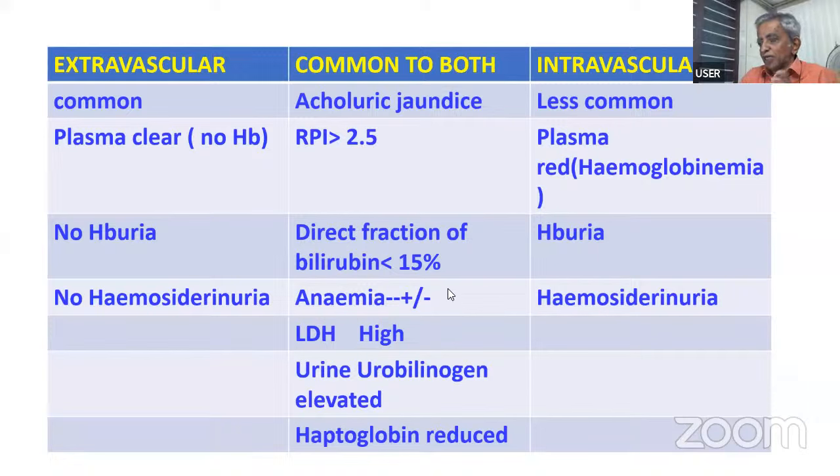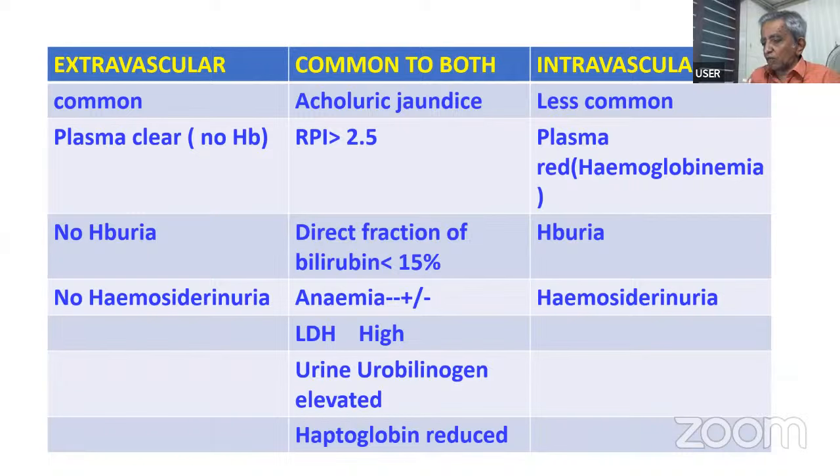Now the problem with haptoglobin, I think last time I spoke about it. Haptoglobin reduction indicates hemolysis. But even in a patient with hemolysis, haptoglobin can be normal. So normal haptoglobin does not rule out hemolysis. Then you have to think about LDH, urobilinogen, direct fraction, peripheral smear, and other things.